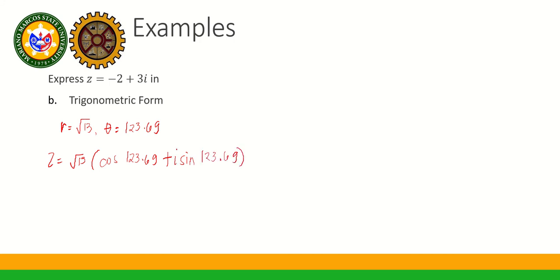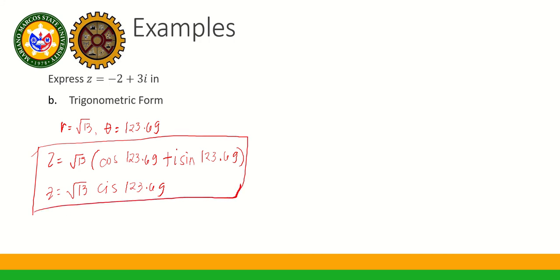So this is how you write the trigonometric form of this complex number. Pwede rin na yung answer natin will be square root of 13 cis 123.69, gaya ng sinabi ko kanina. Either of these pwedeng maging final answer for trigonometric form.